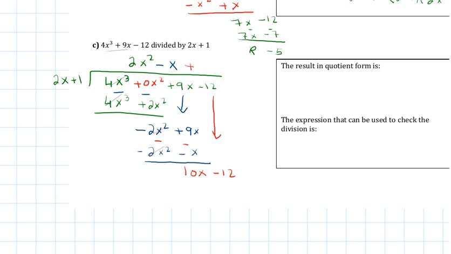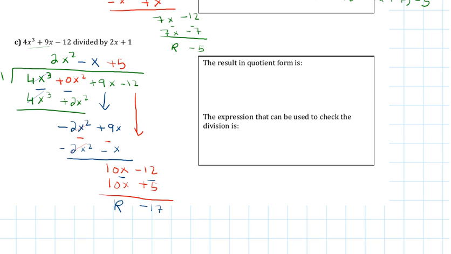And then we're going to bring the negative 12 down. If I divide 10x by 2x, that's going to be 5. So 5 times 2x is 10x, and 5 times 1 is plus 5. And now, last but not least, I'm going to subtract. 10x minus 10x is gone. Negative 12 minus 5 is negative 17, and that's going to be my remainder.